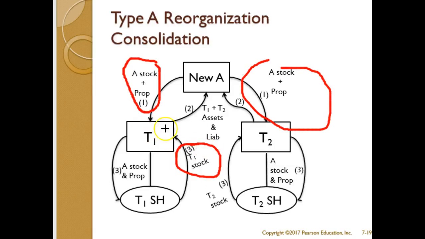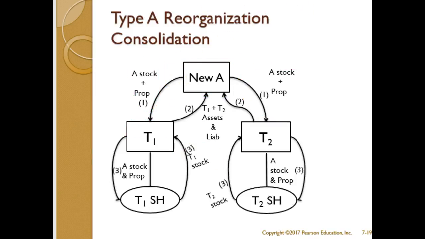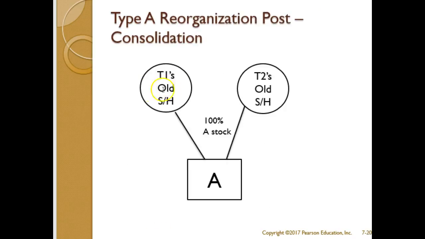The stock right here goes back into this. Same with over here. And they create this new one. These two liquidate. Okay, so what that looks like on the next slide, then we have T1's old shareholders, T2's old shareholders, and everything becomes stock in A.